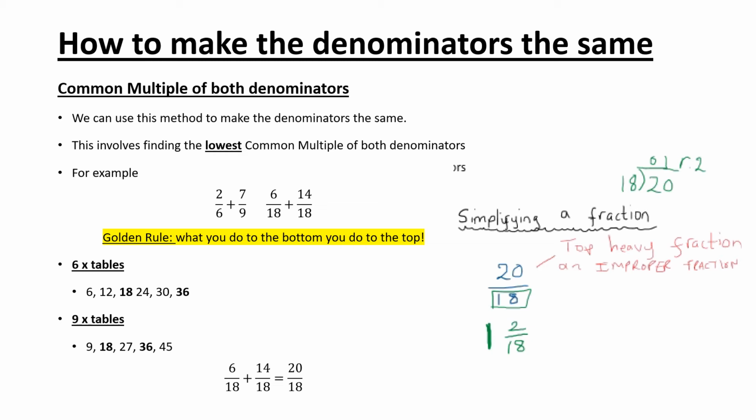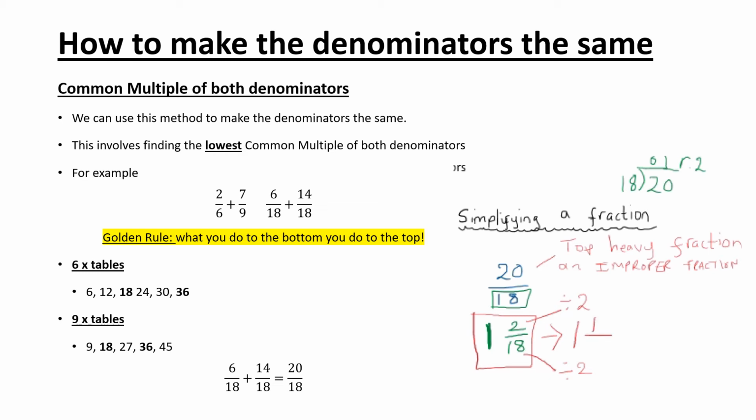Now this answer can also be simplified further. Now the 1 stays the same, but that 2 can be divided by 2, as can the 18 be divided by 2, which will give me my new simplified one.